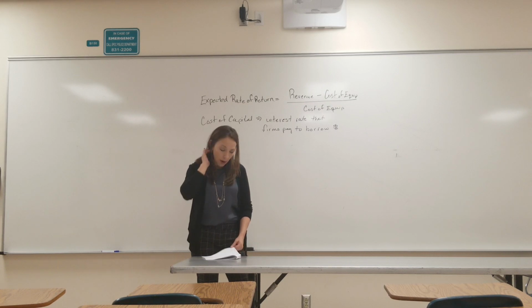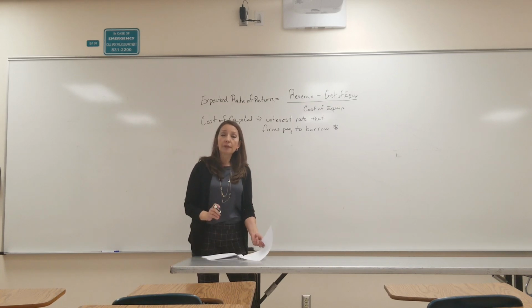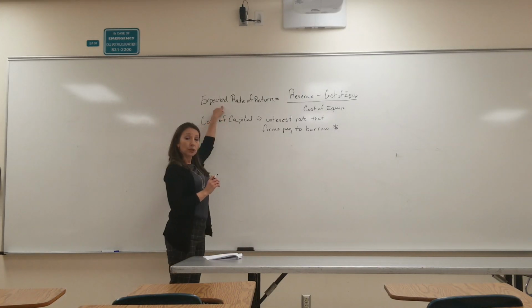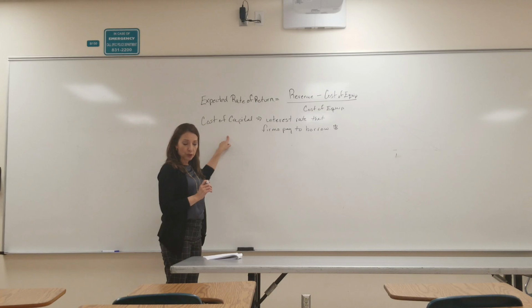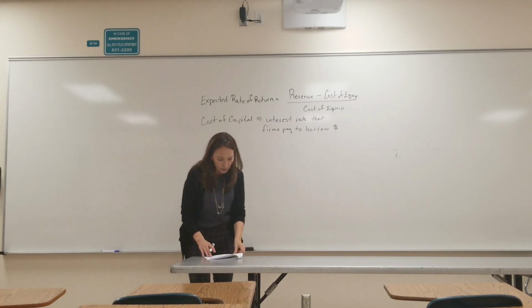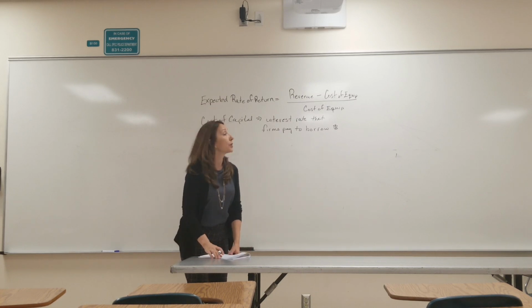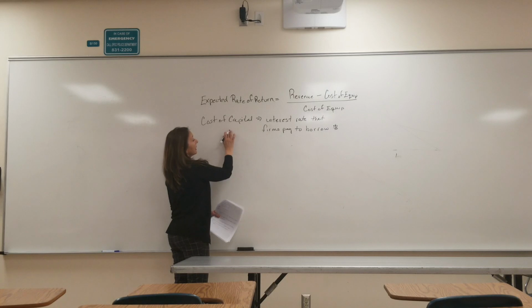As a general rule, businesses are going to undertake all projects where the expected rate of return is greater than the interest rate that they pay. They will go ahead and undertake that project. They're going to take projects all the way up to where the rate of return equals the interest rate they pay.